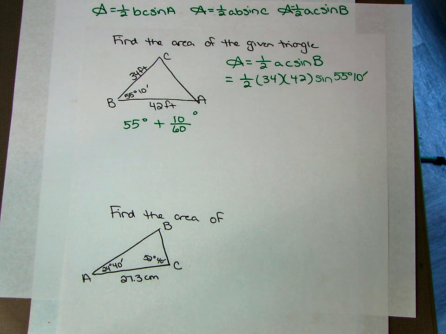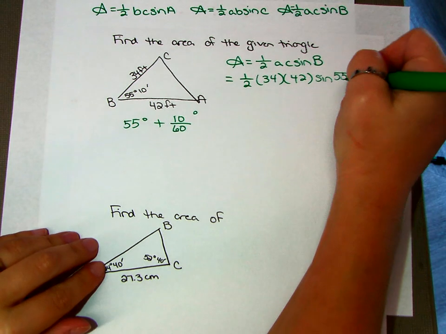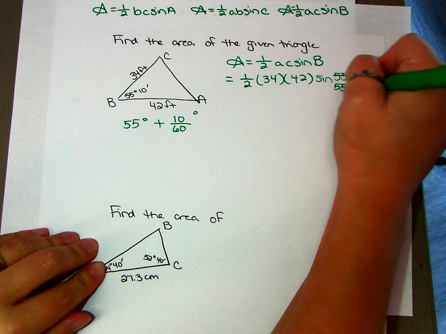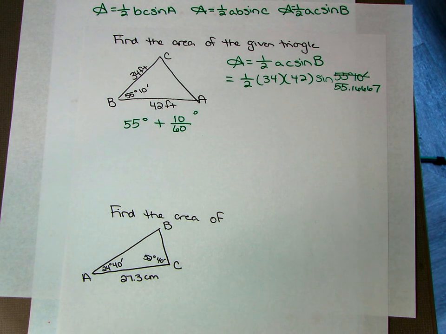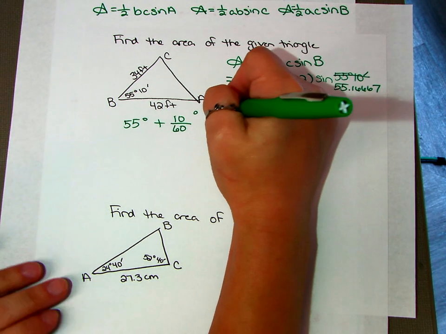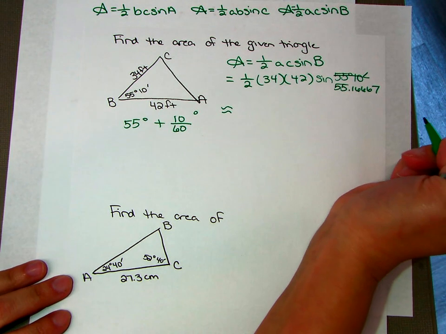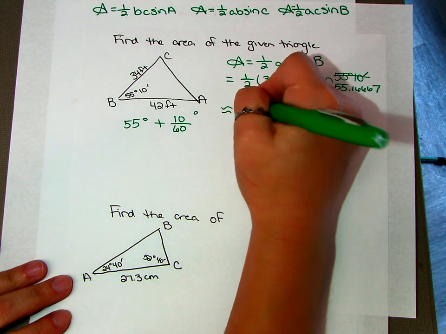So put a couple of those out there to where this is 55.16667, like that. And you'll get pretty close, especially because these are going to ask you to round to the nearest foot or 1 decimal place or 2 decimal places. For this one, we're going to round to the nearest squared feet, which is 586 square feet.